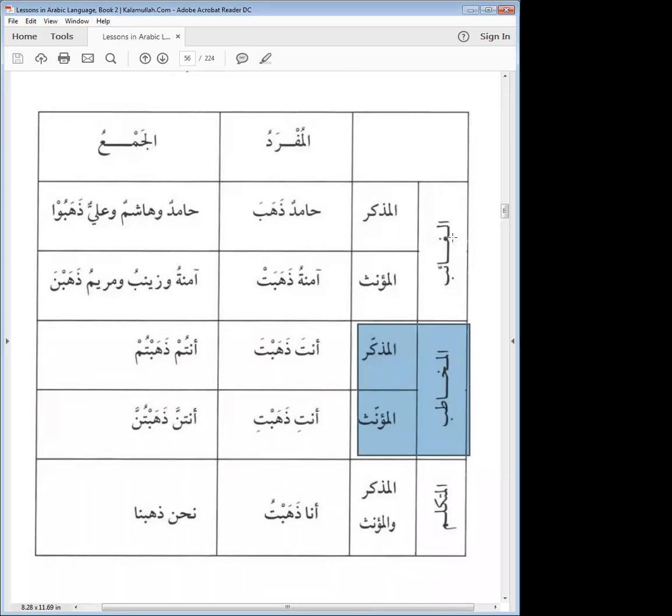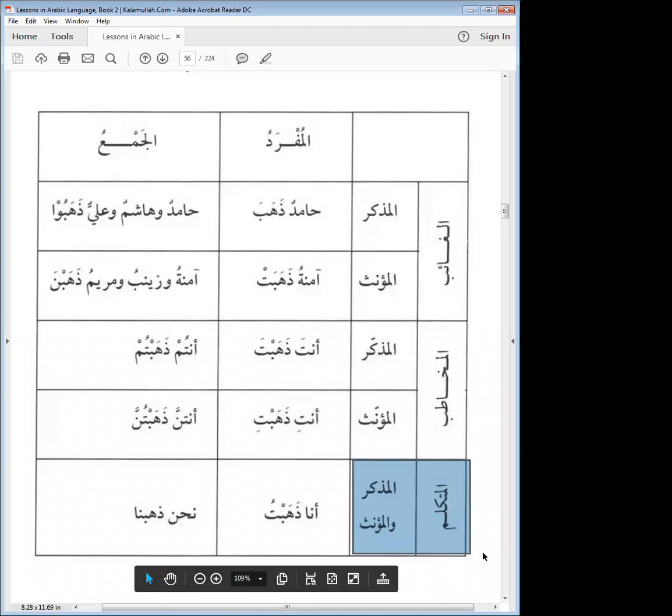So we have third person, second person, and lastly al-mutakallim, the person who is speaking, which in English we call the first person, again with masculine and feminine. So we have 10 different conjugations of the verb for the different categories. Let's go through it.